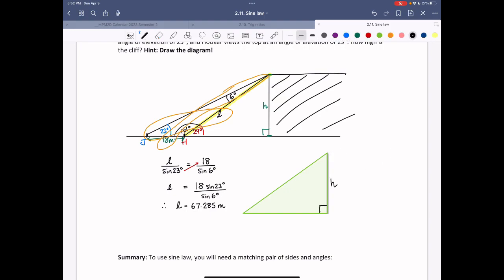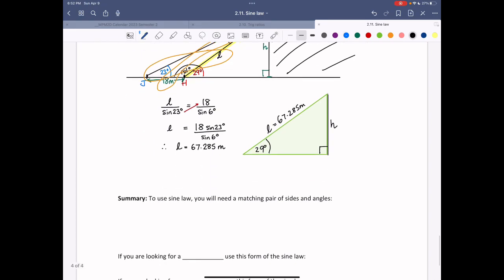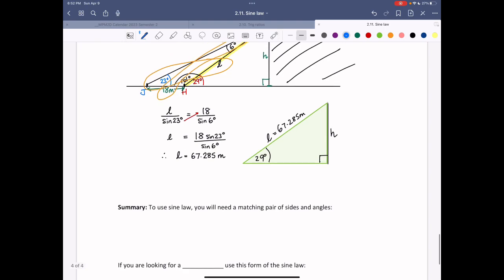Okay, let's erase that and label it what we have. H, we have a right angle, my L, which is now 67.285. I'm just duplicating this to make it a little less cluttered, 29 degrees, and we need to find that H. So now we can use a primary trig ratio in that I have the hypotenuse and I need the opposite, and the adjacent is not going to be used at all.